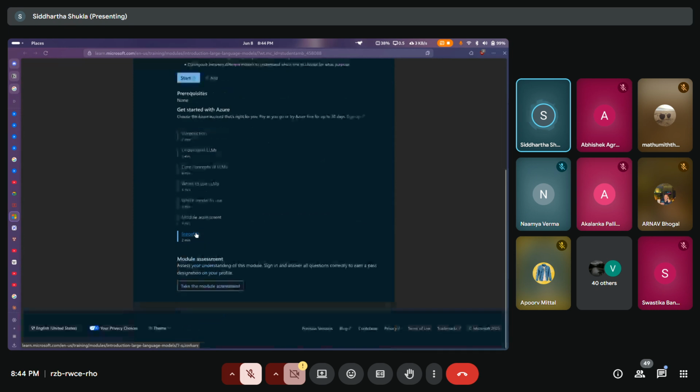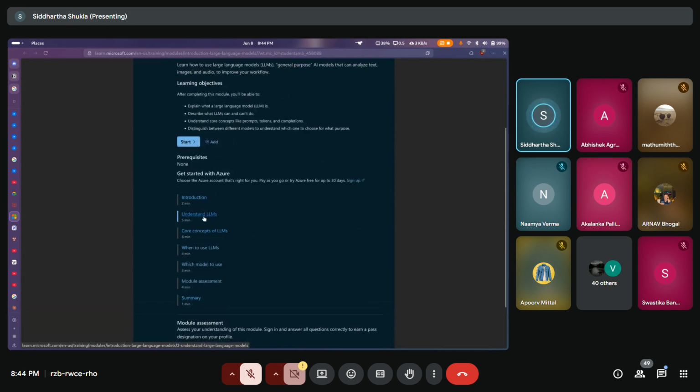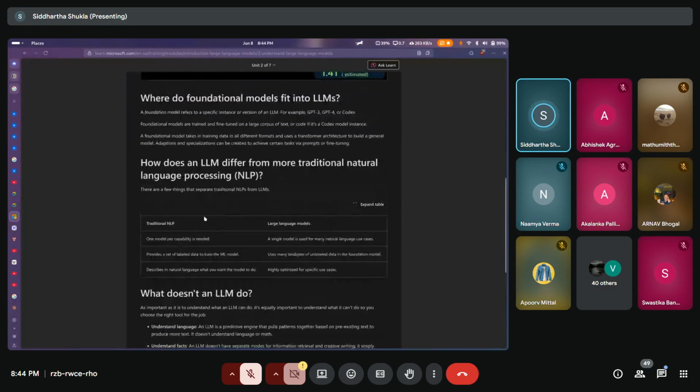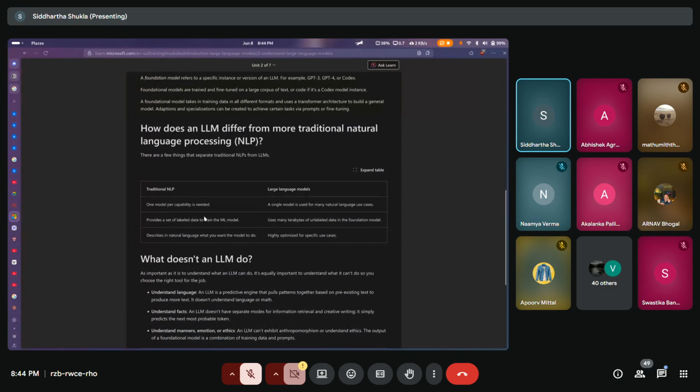First we'll be going through understanding LLMs. I've already explained this to you: the difference between traditional natural language processing, which was basically how AI was before the advent of transformers, like RNNs, and we also had grammar rules, contextual grammars, and all.